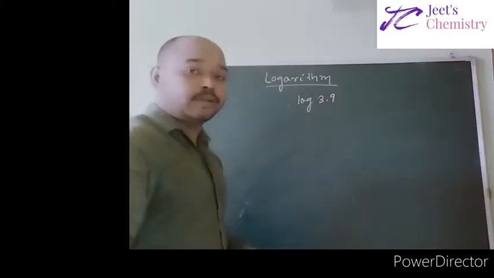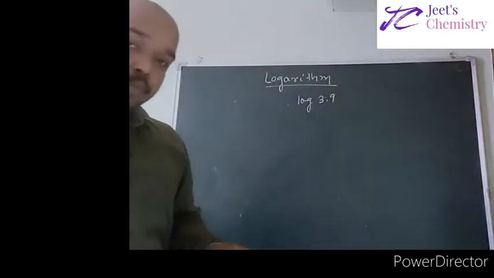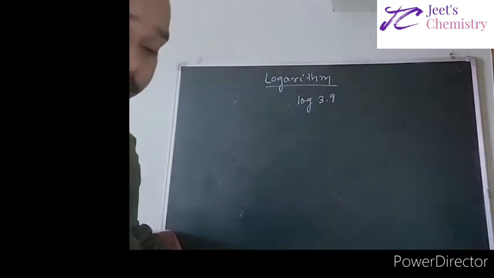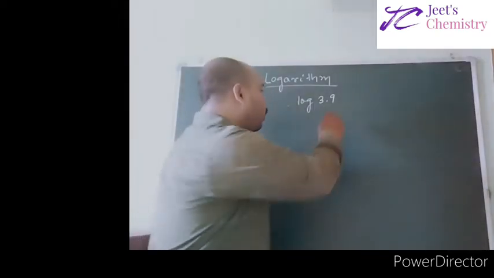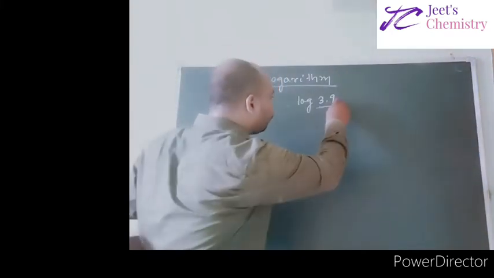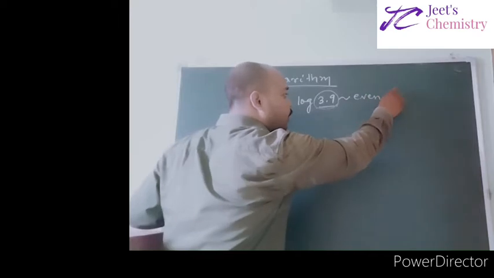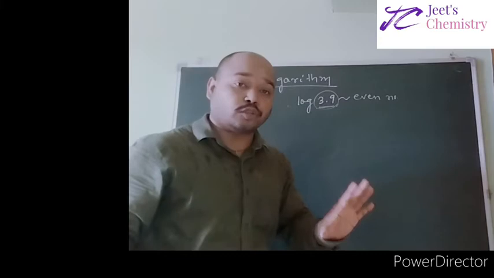If it is giving log 3.9, then what will we do? Always remember, if you are getting an odd number, then just round it up to the next even number. Round it up to the next even number, and you will find the closest value.